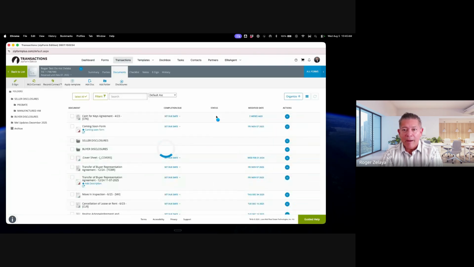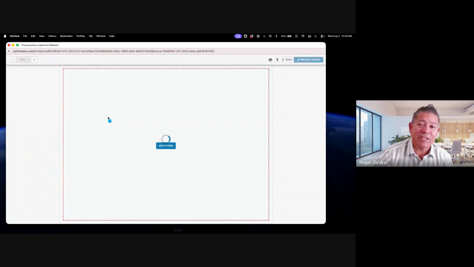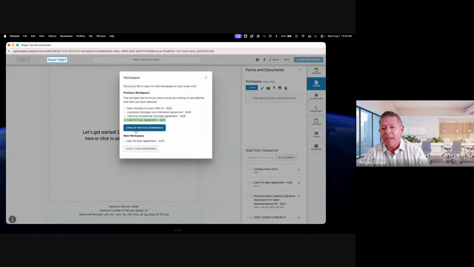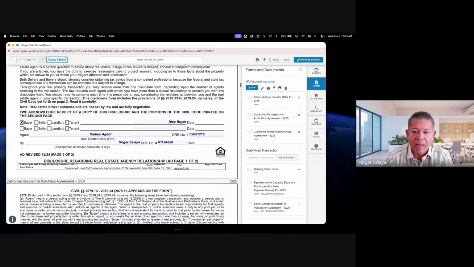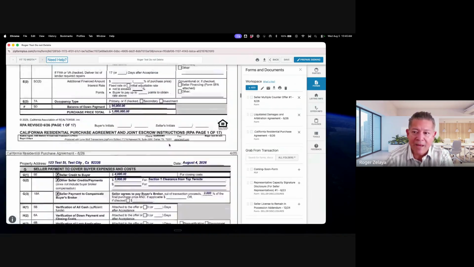And so, again, I don't like it when people create addendums. Somebody else also, that's why this is on here. Somebody else created one from ChatGPT, okay? They created a cash for keys addendum. And I'm like, dude, no, do not use that.